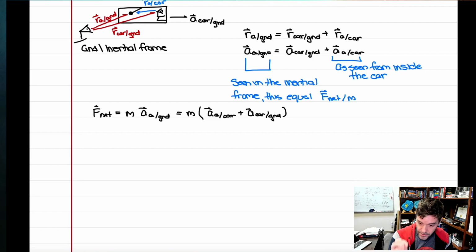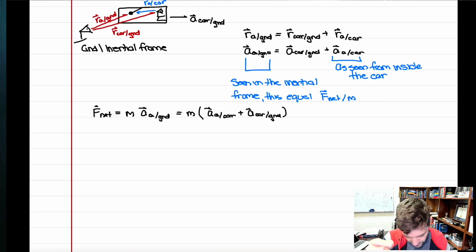Because I'm writing down Newton's second law in an inertial frame, my expression seems to have two accelerations. But really it's just two vectors that, when added together, give me the inertial acceleration as viewed from the person on the ground.